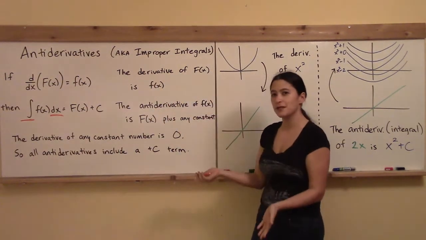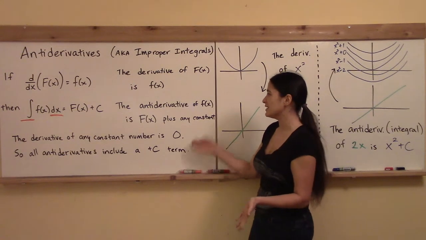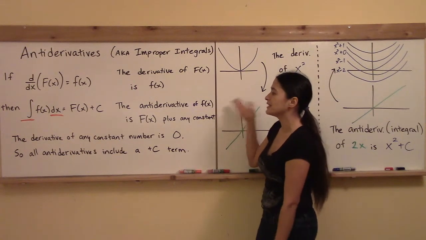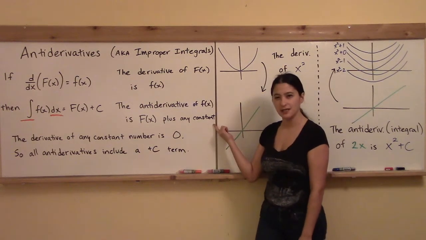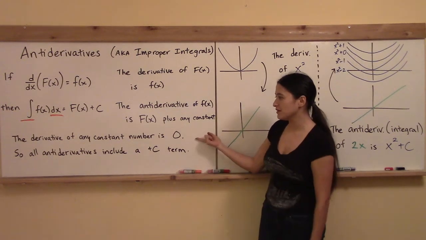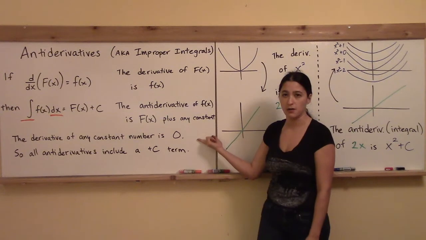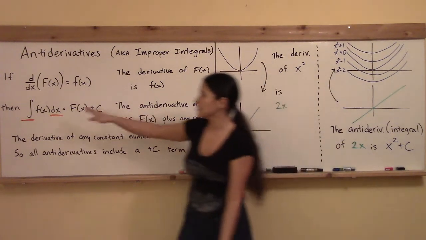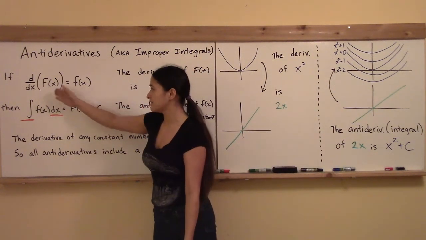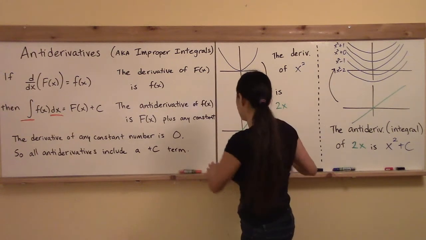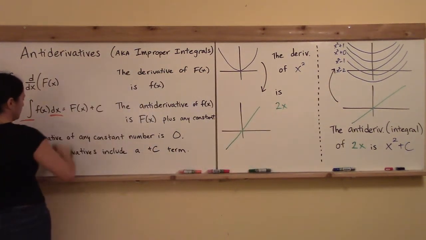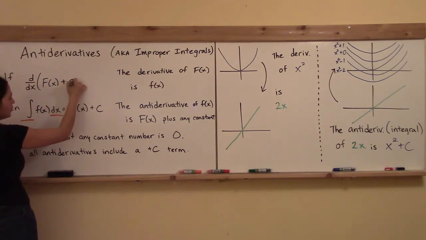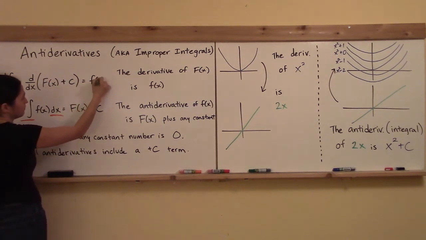Alright, now let me explain the plus c. Why is the antiderivative of little f of x equal to capital F of x plus any constant? Well, that's because the derivative of any constant number is 0. Right? So when I say the derivative of capital F is little f of x, that's actually also true. This would be a true statement if I added any constant value to that capital F of x.